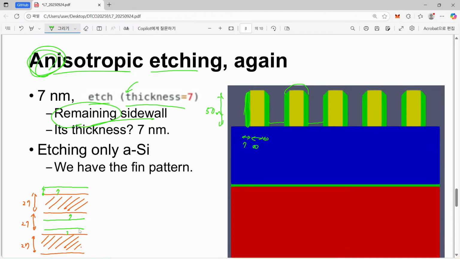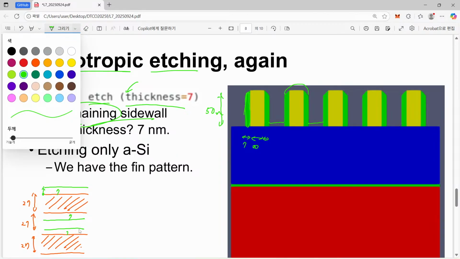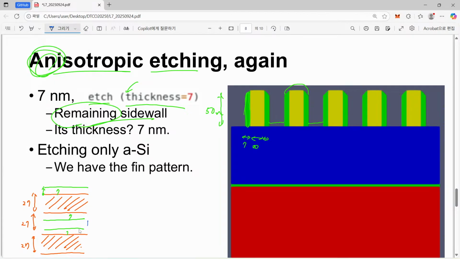And after that, this red one, the mandrel, will be eliminated. After that, when we measure the distance or spacing between these lines, you can find that this is just corresponding to number 30.